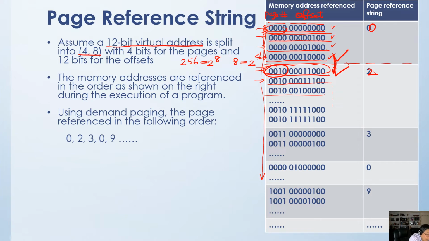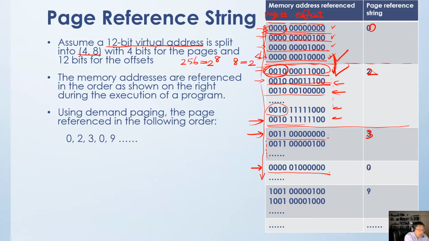Now the following virtual addresses are all located in page 2. And then after this virtual address, there's a jump because this address is located in page 3. After running the virtual address in page 3, it suddenly jumps back to page 0, right?